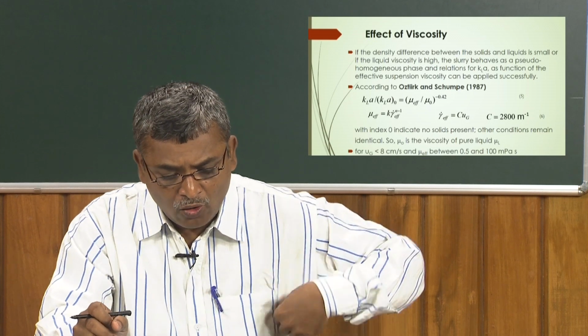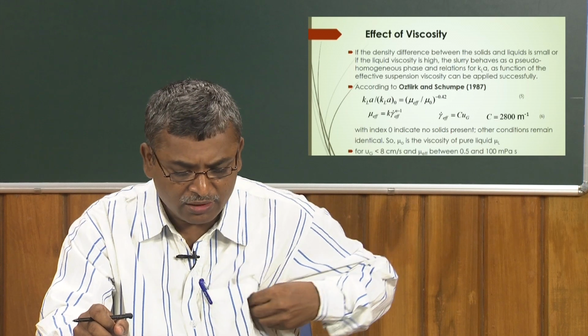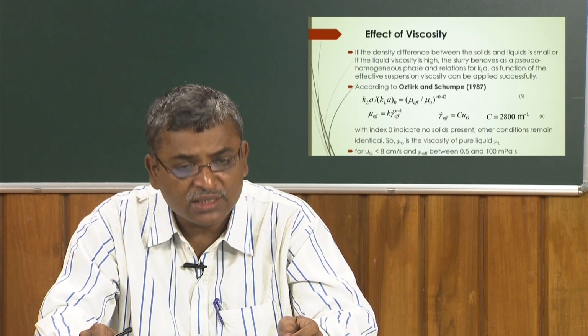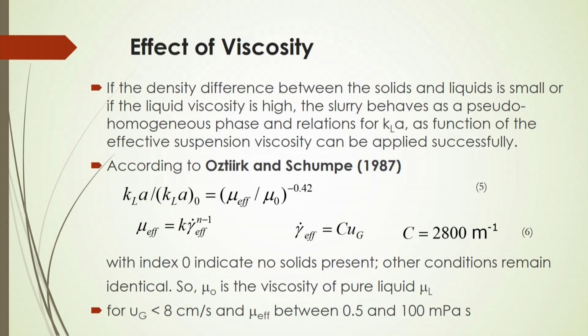So, Öztürk and Schumpe, in 1987, suggested a correlation of the mass transfer coefficient relative to the mass transfer coefficient without solid, and how it changes in the presence of solids.